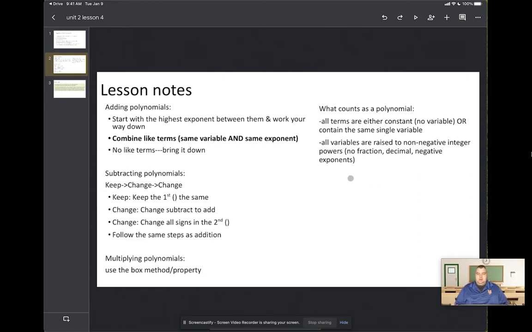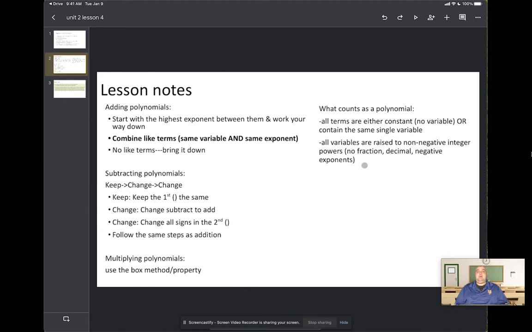The other important characteristic is that all variables are raised to non-negative integer powers. If you look at all the exponents of the variables, they have to be non-negative, meaning 0 or higher. And they have to be integers, meaning whole numbers. So no fractional exponents, no decimals, no negative exponents.